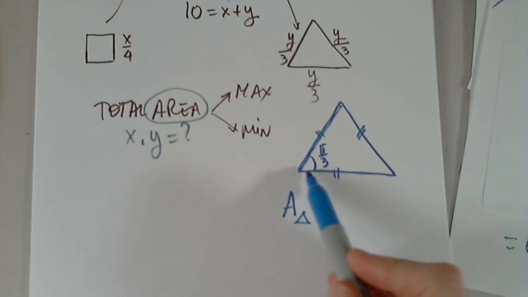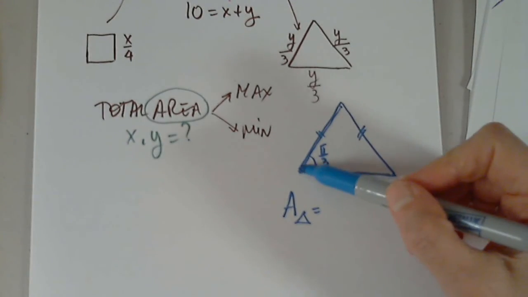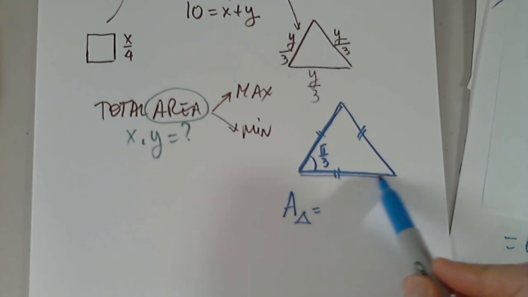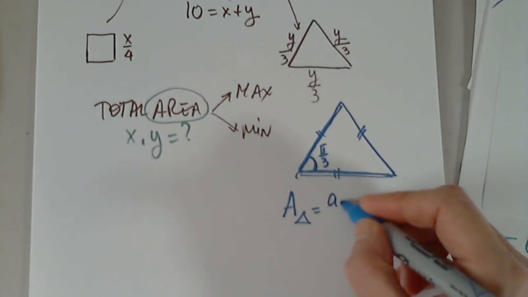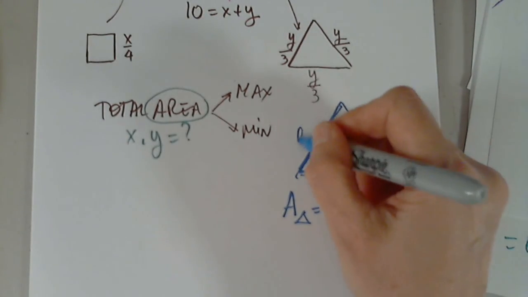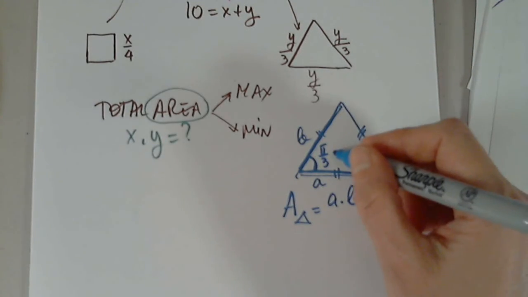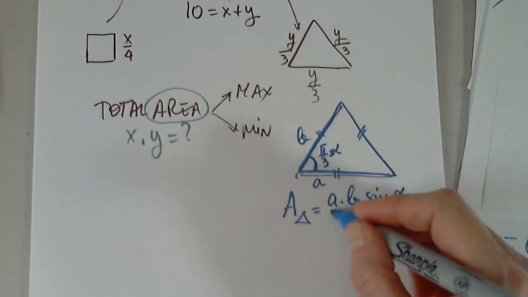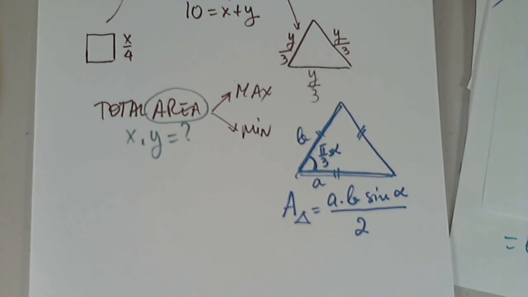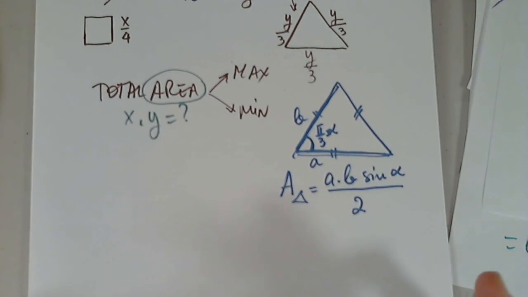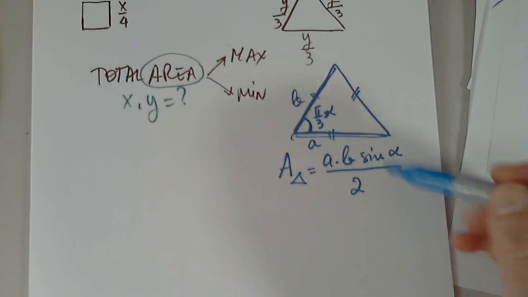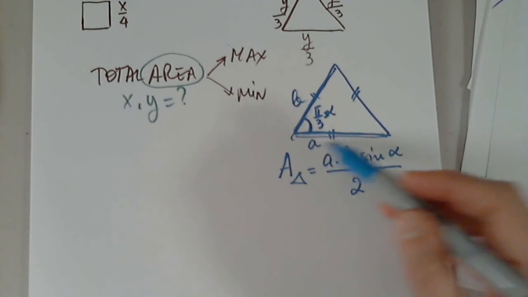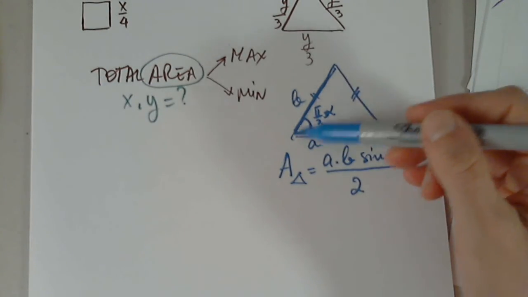If I'm given two adjacent sides in any triangle, and the angle in between, I can write a times b times sine alpha, divided by 2, where this is a and this is b. There are other ways, but that's the easiest, I think. Sine of pi over 3 is the square root of 3 over 2. A is y over 3, b is y over 3.